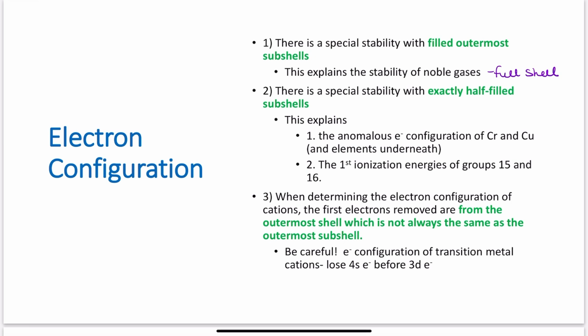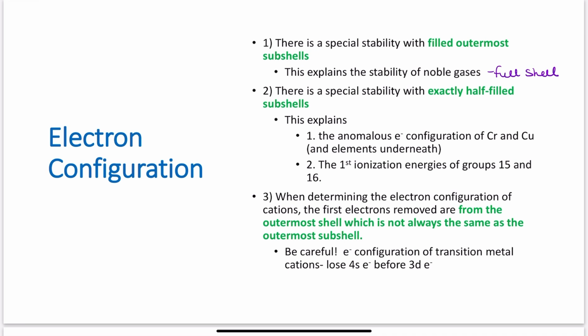So if I can fill that, all the electrons are paired up, it's a very, very stable system. There's also a special stability though associated with exactly half-filled subshells. In this slide, we're going to see anomalous electron configurations for things like chromium and copper and other elements underneath that. And we'll talk about that in a minute.